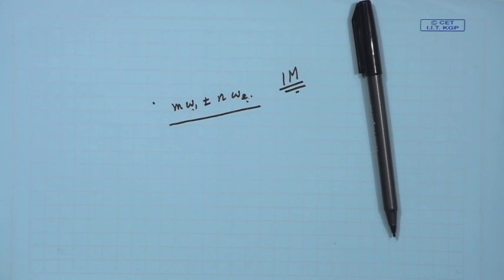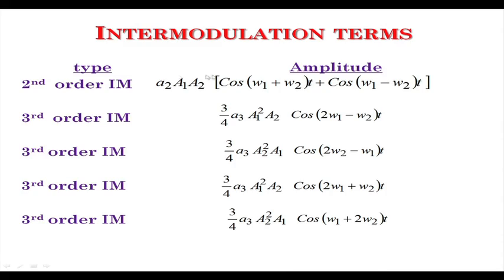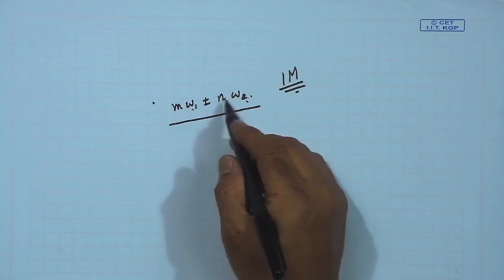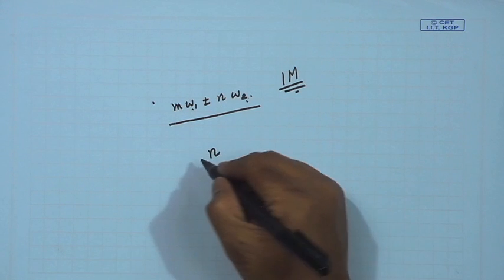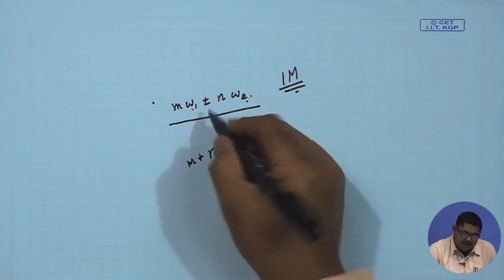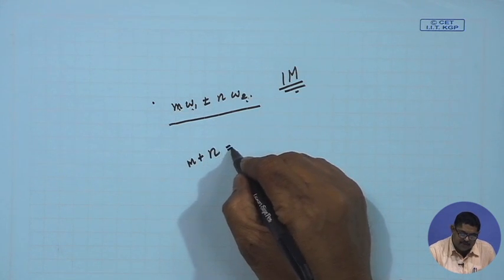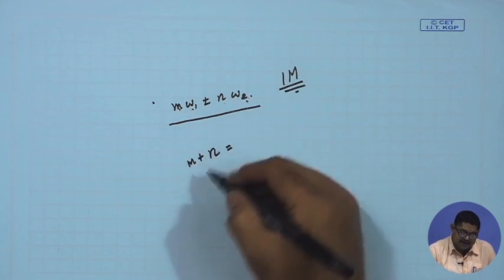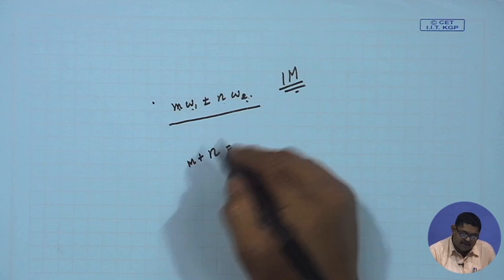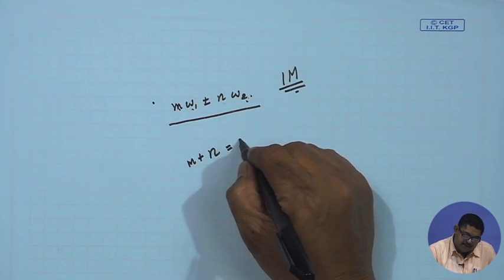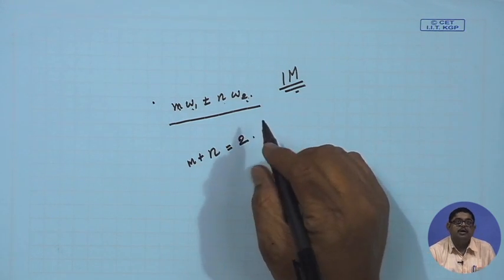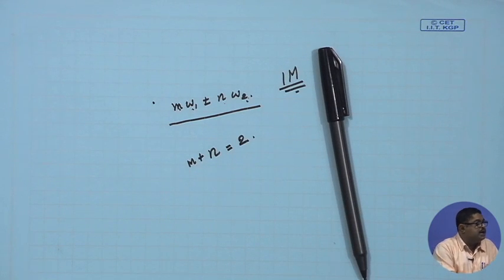So, let us see these intermodulation terms. Now, what is second order IM? Whatever the plus or minus sign may be, if M plus N, where M and N are integers, is 2, it is called second order IM.